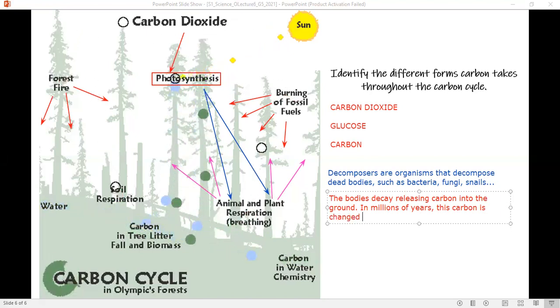What do we use fossil fuels for? To cook, for our cars, for our transportation means, and etc.